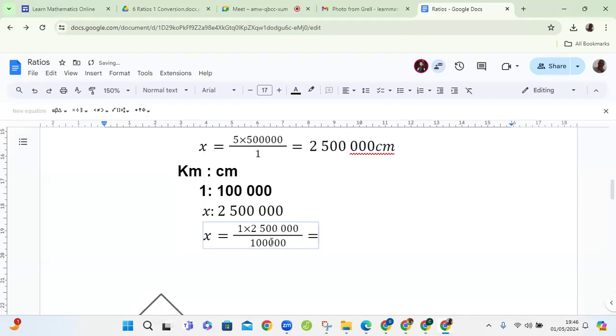And this will equal to, well, this is very easy. We can just cross out zeros. We've got to cross out 1, 2, 3, 4, 5 zeros. So that will give us 25. Yes. 25 kilometers. So that is the actual distance between the towns in kilometers. That's 25.